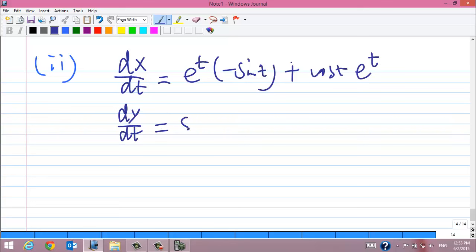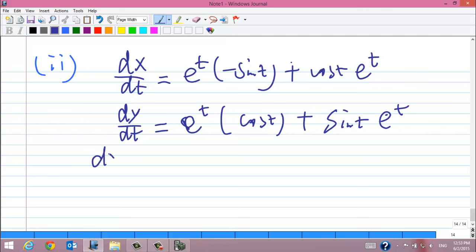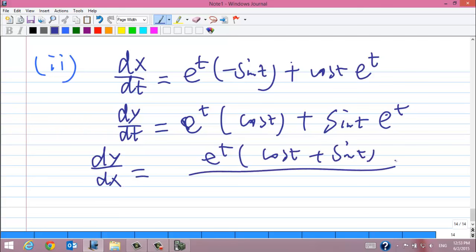You keep in front, differentiate behind, plus keep behind, differentiate in front, so it becomes e^t bring out, and so on.